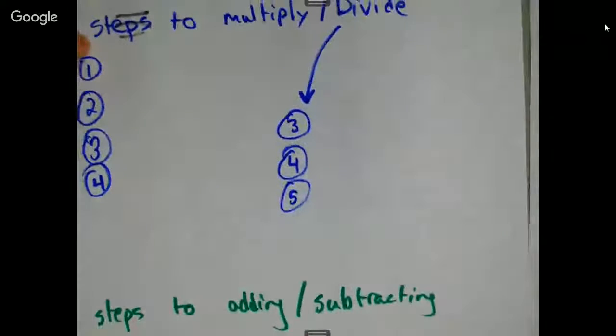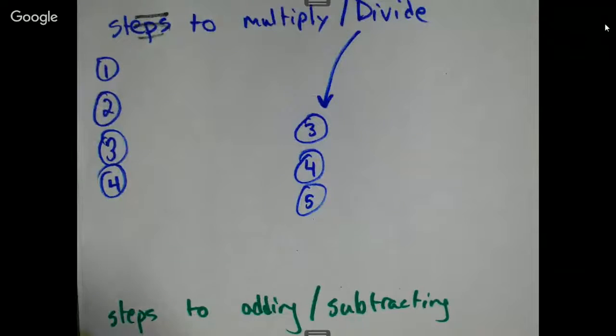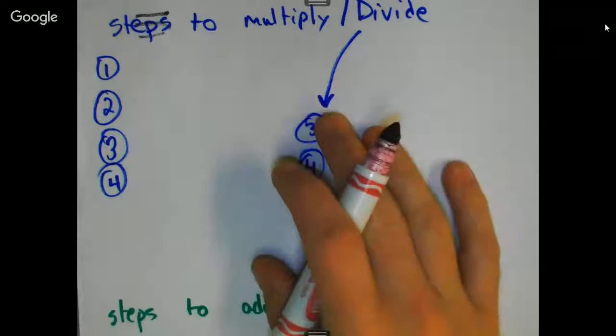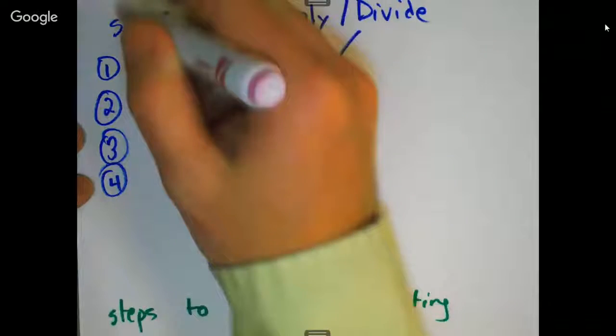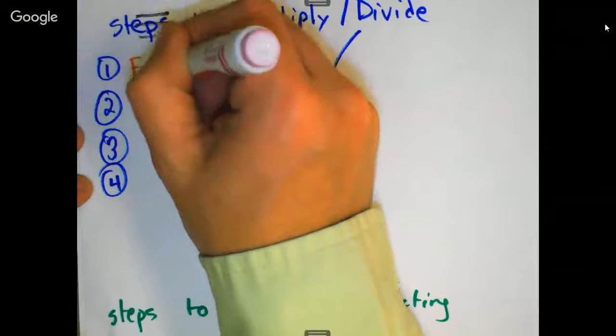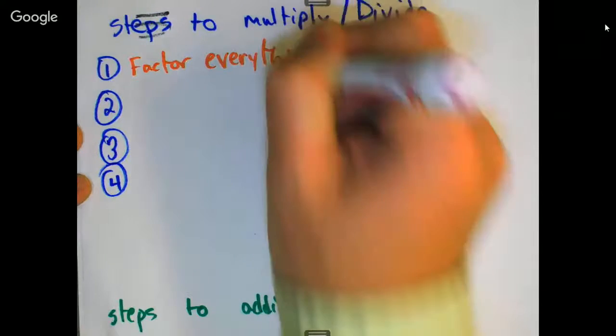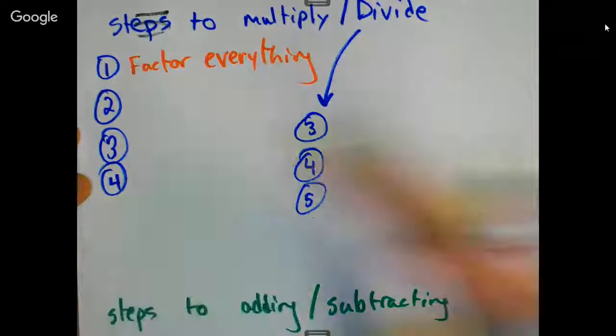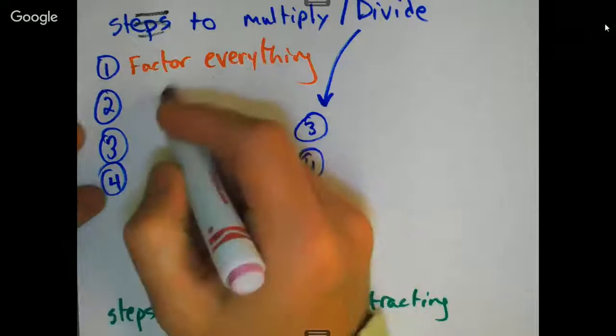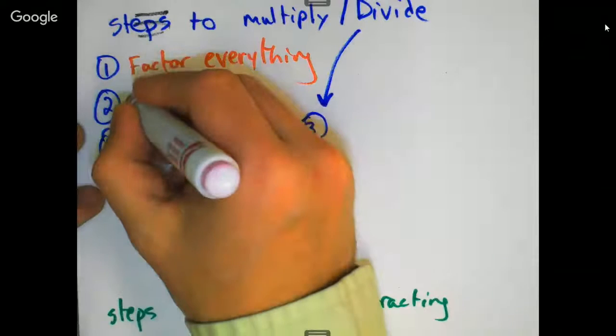How about steps to multiplying and dividing? Step one and two are the same for both of these. You're going to factor everything, and when I say everything, that's the numerator and denominator of both fractions. You're going to restrict the domain.